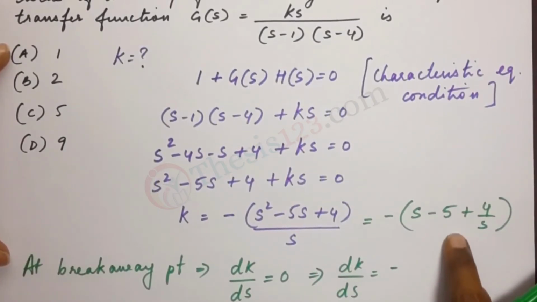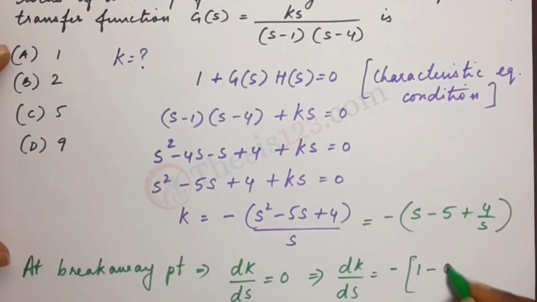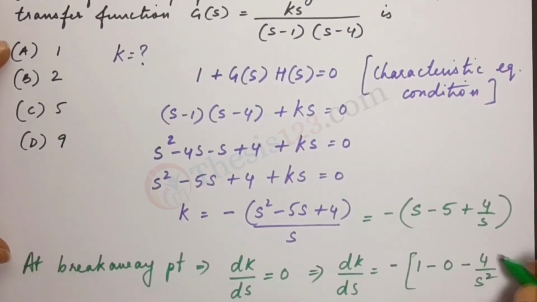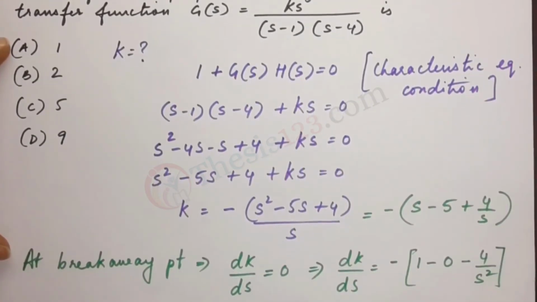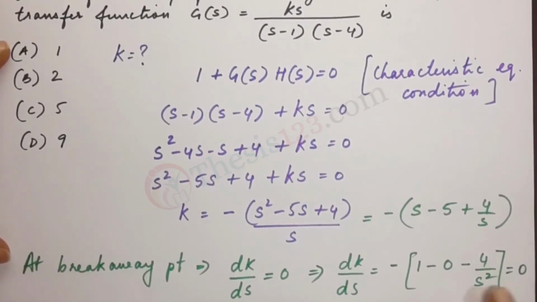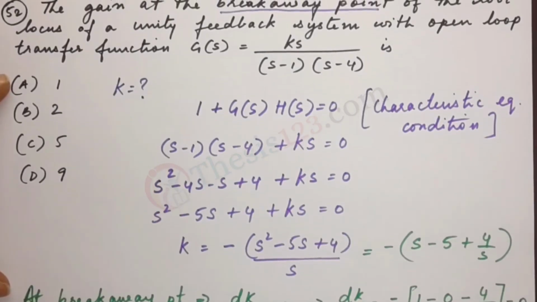Now let's differentiate this here. So we get 1 minus 0 minus 4 by s squared is equal to 0. So now let's equate this to 0 and find out the value of s here.